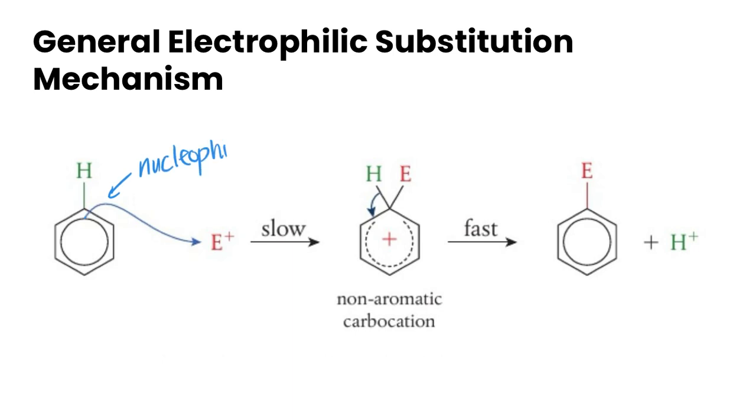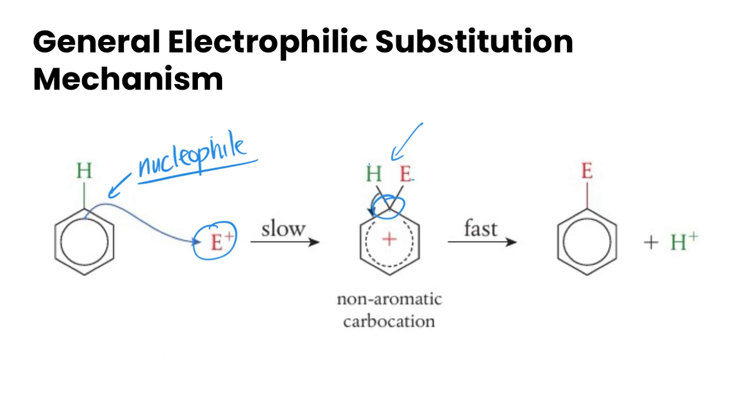Because it's an electron-rich area attacking our electrophile. Very typically, this first step is very, very slow because we're taking the electron pair, and we're disrupting this delocalized pi system. So what we create is a carbocation intermediate with an H and an E attached to one of the carbons in the ring.